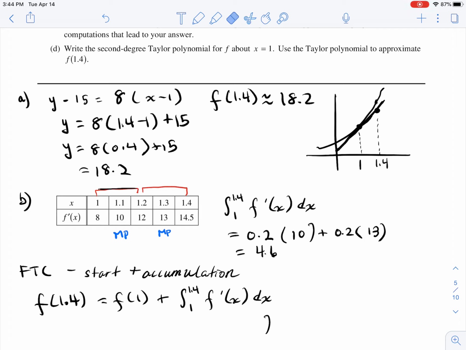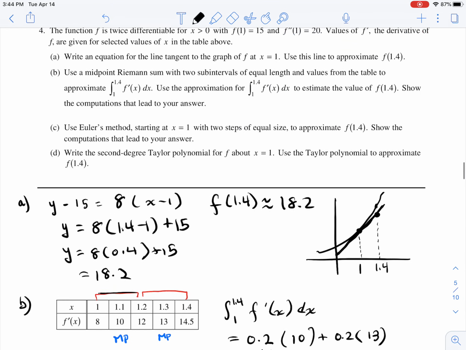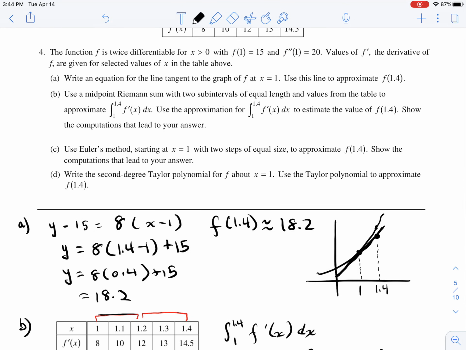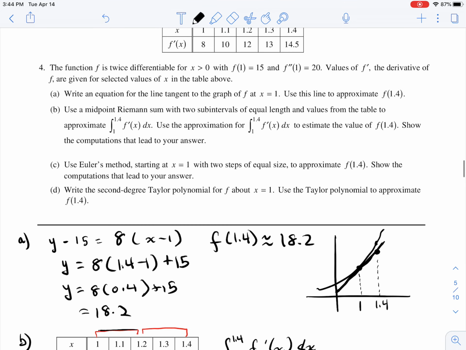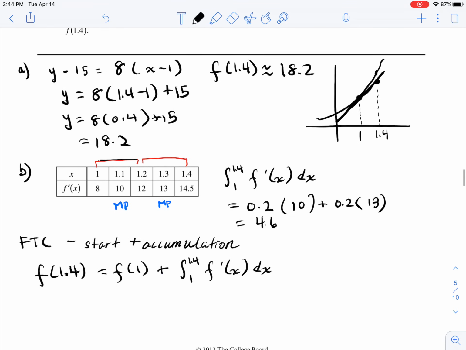And I don't need this. And we know f of 1. If we look back in the problem, we were told that f of 1, where is that? Oh, there it is. We know that f of 1 is equal to 15. So this is going to be equal to 15, and we just found the integral from 1 to 1.4, so that's 4.6.